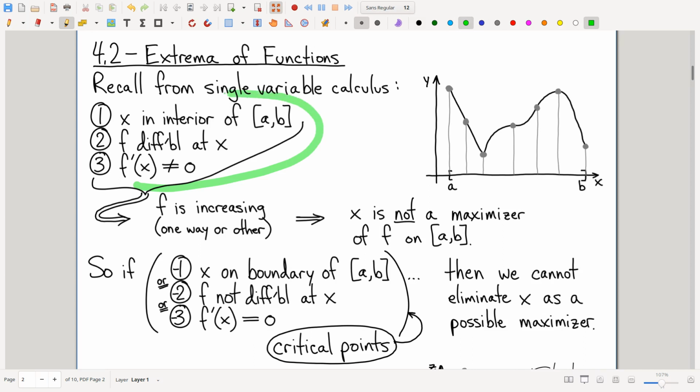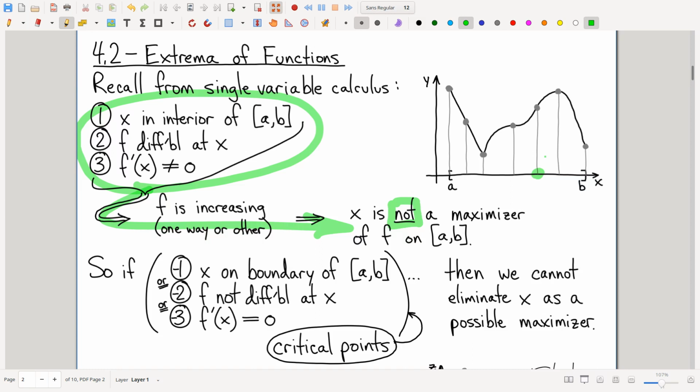These three conditions right here: if you have a point that's in the interior, if the function is differentiable there, and if the derivative is not 0, the function is in the process of increasing, and therefore there is absolutely no way that that is the maximizer of the function. So, easy example, you look at that point right there, the function is literally increasing at this point.